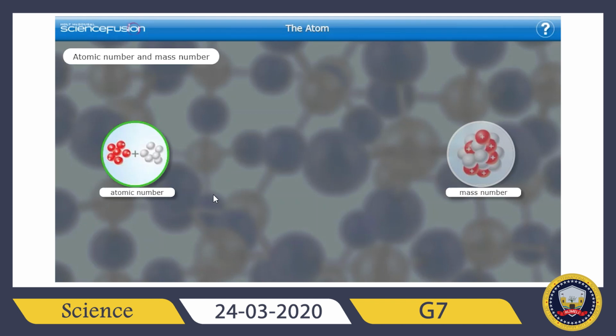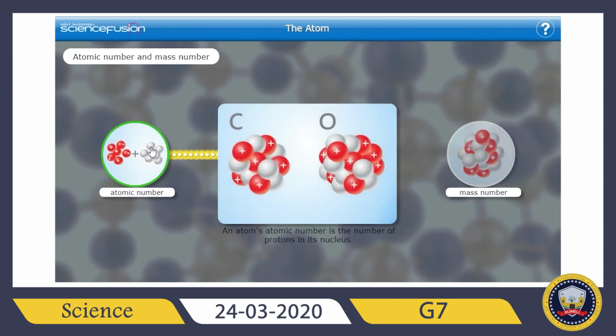So what is atomic number and what is mass number that we tried to understand in the previous slide? An atomic number is the number of protons inside the nucleus. We have, for example, a carbon and an oxygen atom. Okay, they are different elements. That's why they have different numbers of protons and neutrons here.